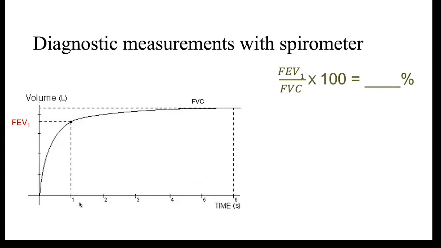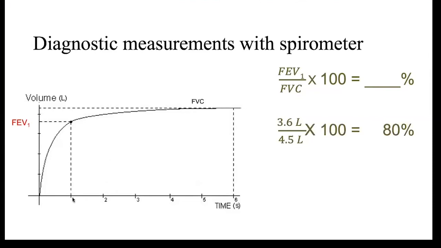To determine FEV1, you're going to go down to the x-axis, find your 1 second, draw a line up to where it intersects the curve, and then draw another line over to the y-axis, and that will give you the FEV1. Using this graph, I have determined that the FVC is going to be around 4.5 liters.